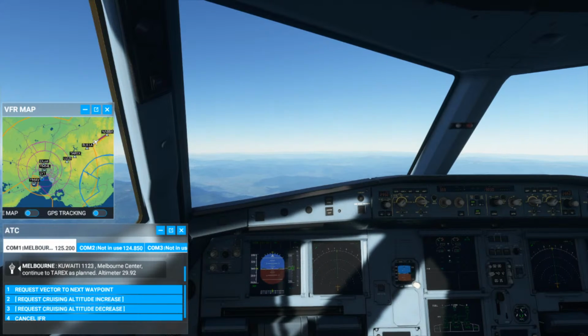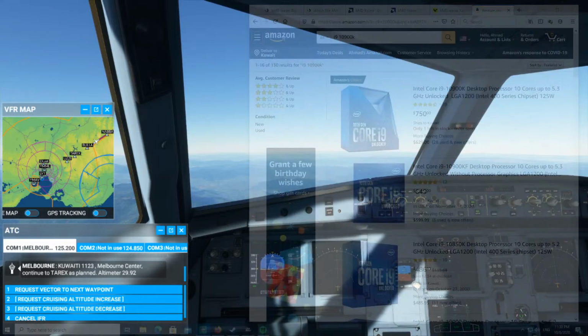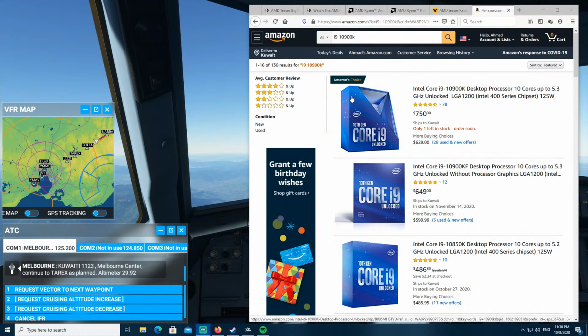If I take a look at the Intel pricing of, let's say, the i9 10900K, so it's kind of the competition, and if you look at that, you'll see 750.